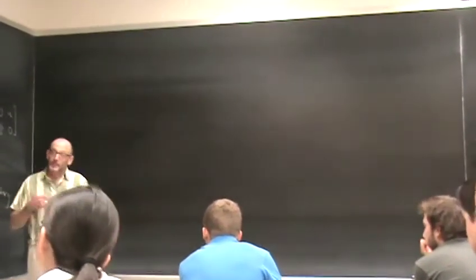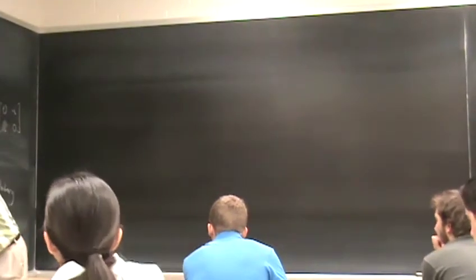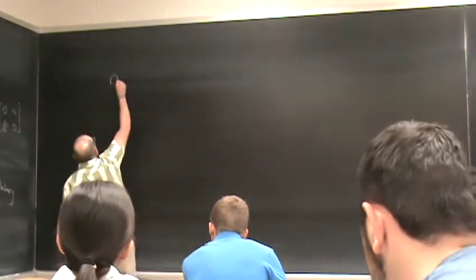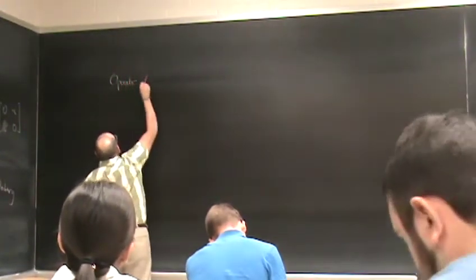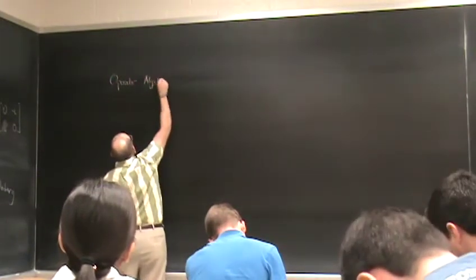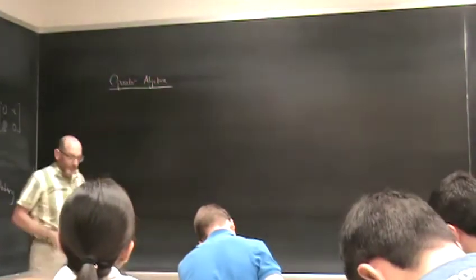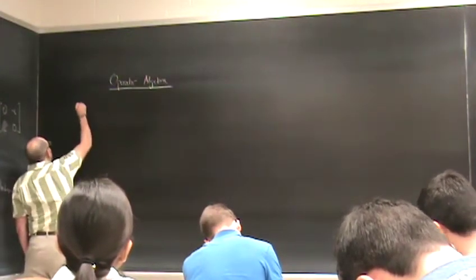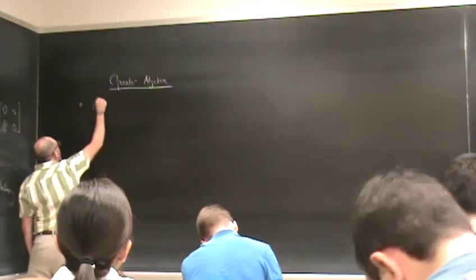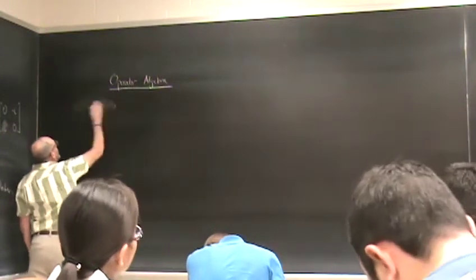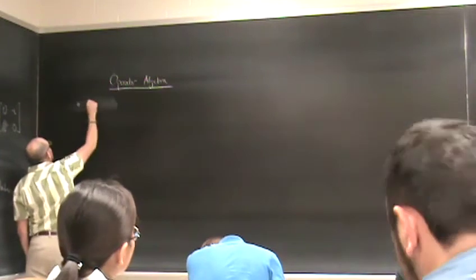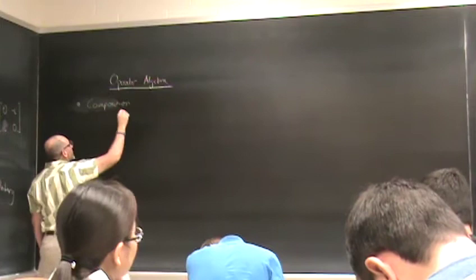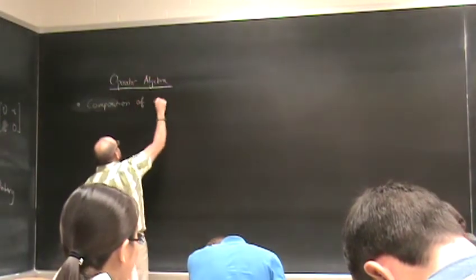So what I want to talk about now, for the rest of the lecture and probably into next week, is more operator algebra. For example, one property of operators that we can discuss is the composition of operators.